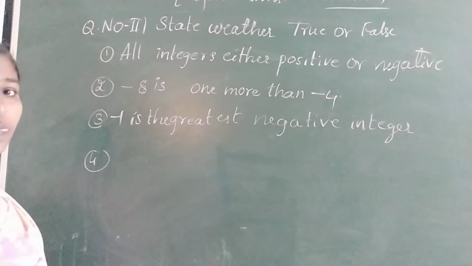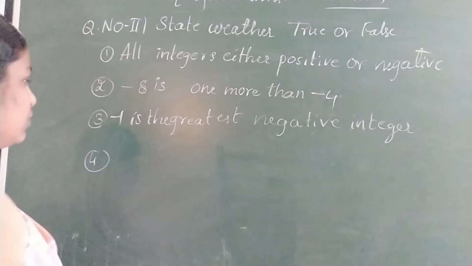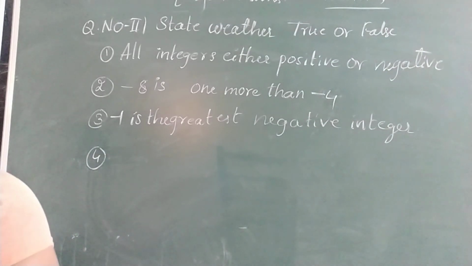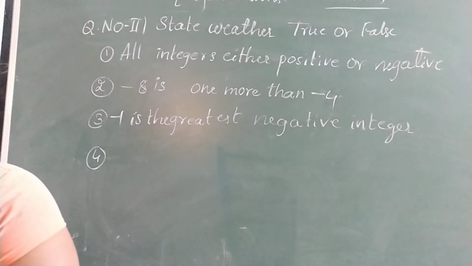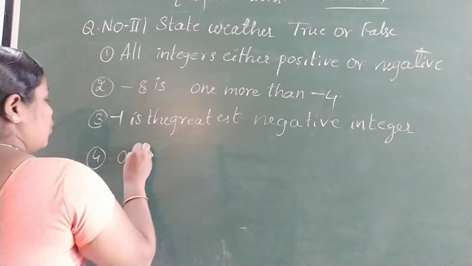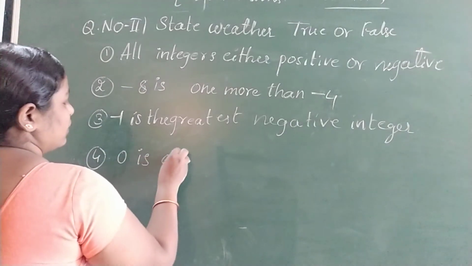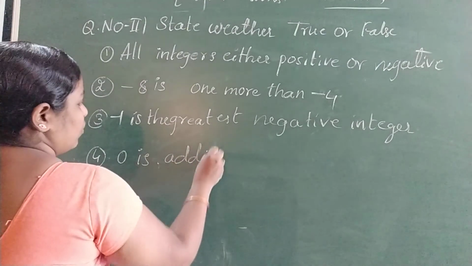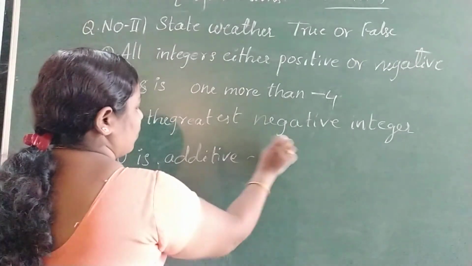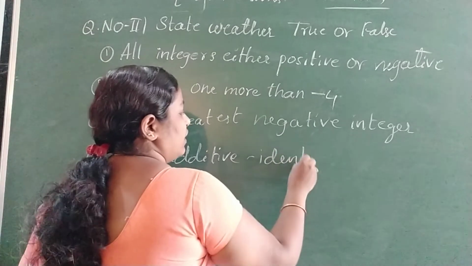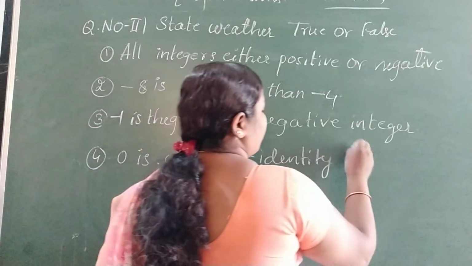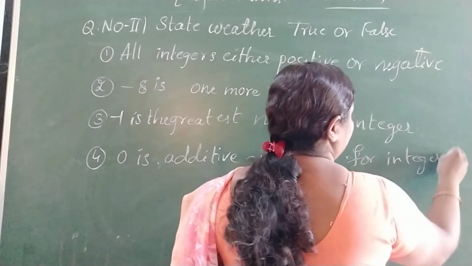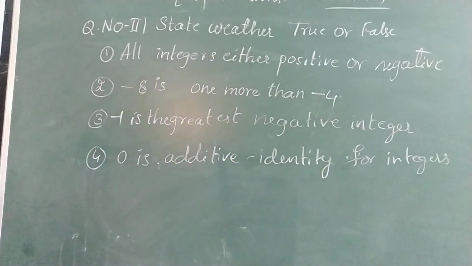Fourth, 0 is additive identity of all integers. Okay, I'll discuss these four.